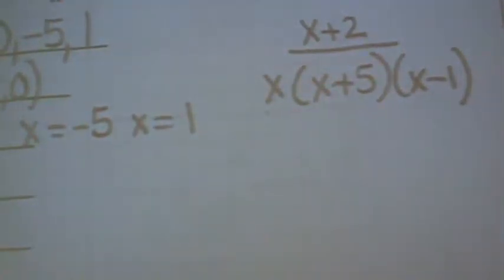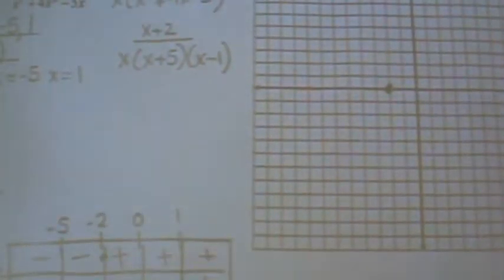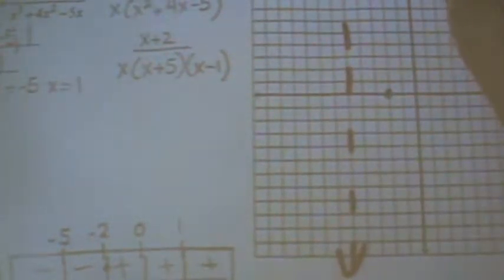So we need to graph those. How do you graph x is equal to -5? It's a vertical line at -5. 1, 2, 3, 4, 5. At 0. And at 1.